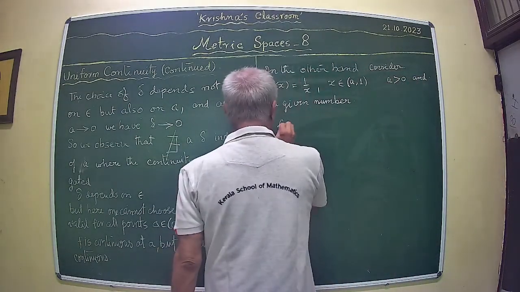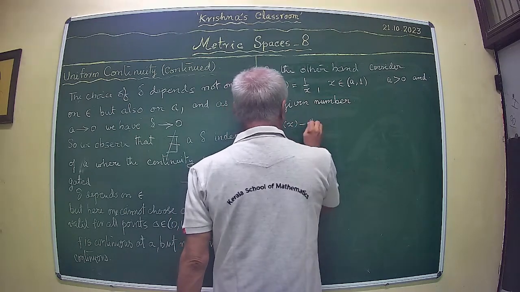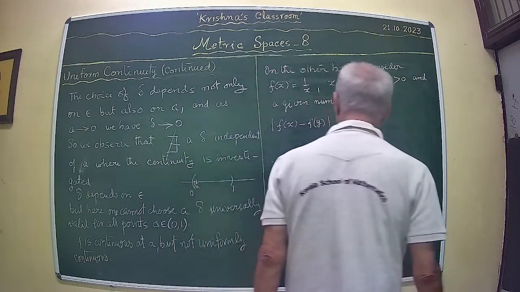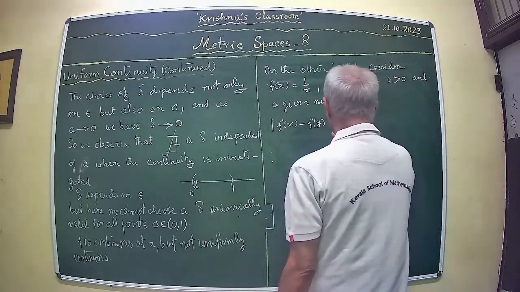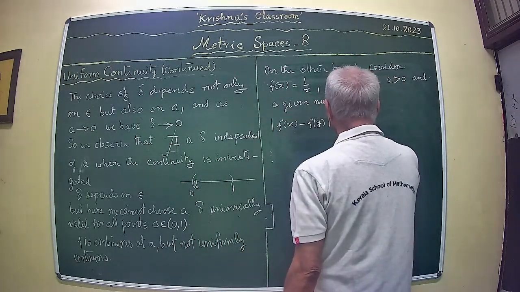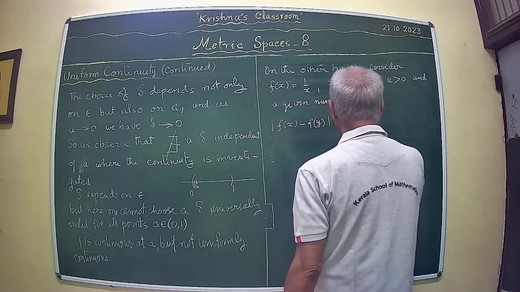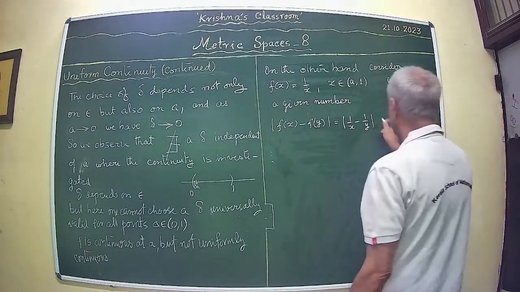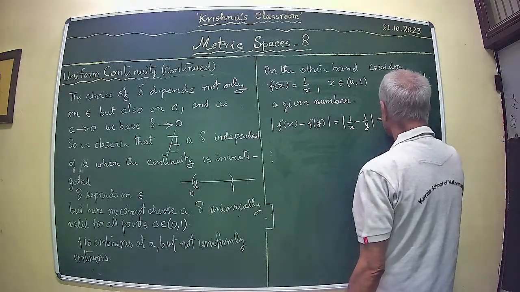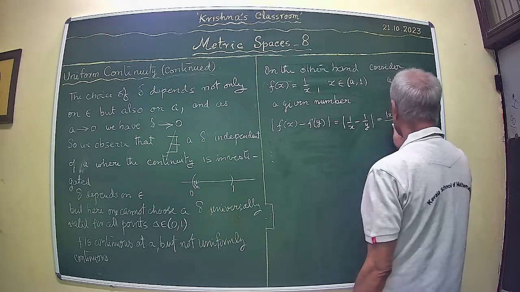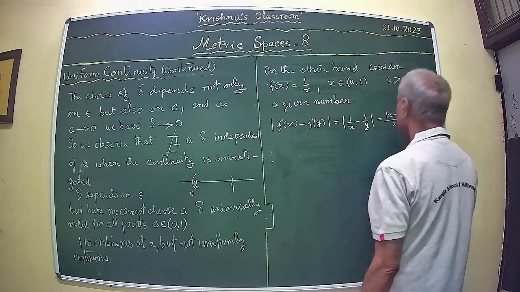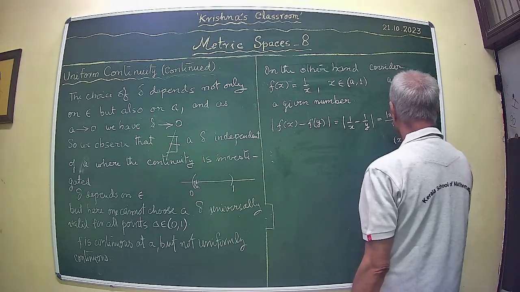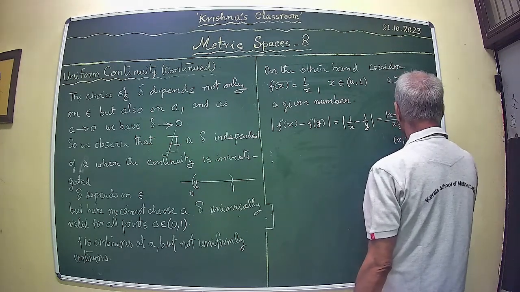If you estimate f(x) minus f(y), this is 1 by x minus 1 by y, and that's equal to mod x minus y divided by xy, where of course x, y belong to (a, 1).